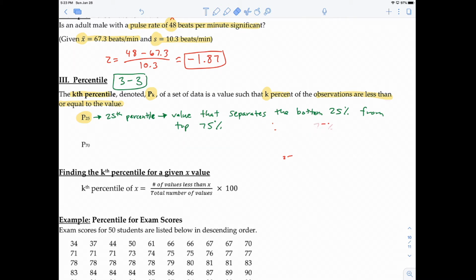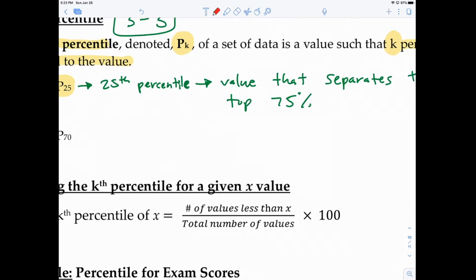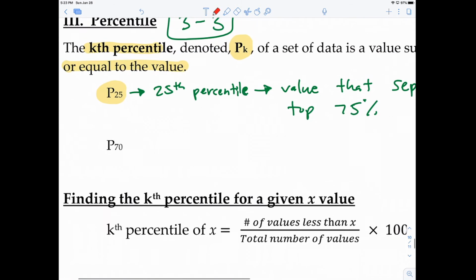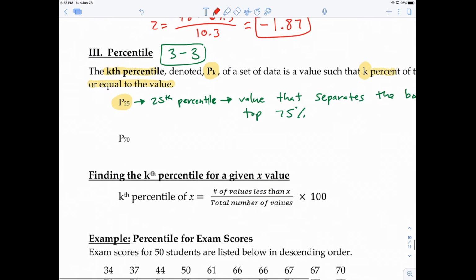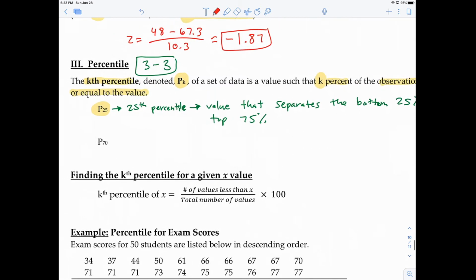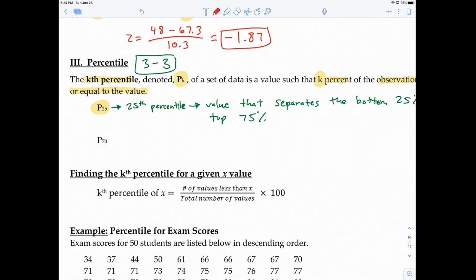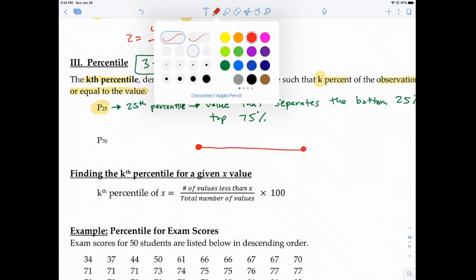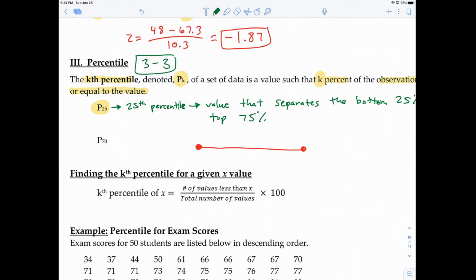Likewise, p sub 70 would be the 70th percentile, and it's the value that separates the bottom 70% from the top 30%. Taking the same diagram, with our data values laid out from least to greatest, p sub 70 would be a value somewhere over here.